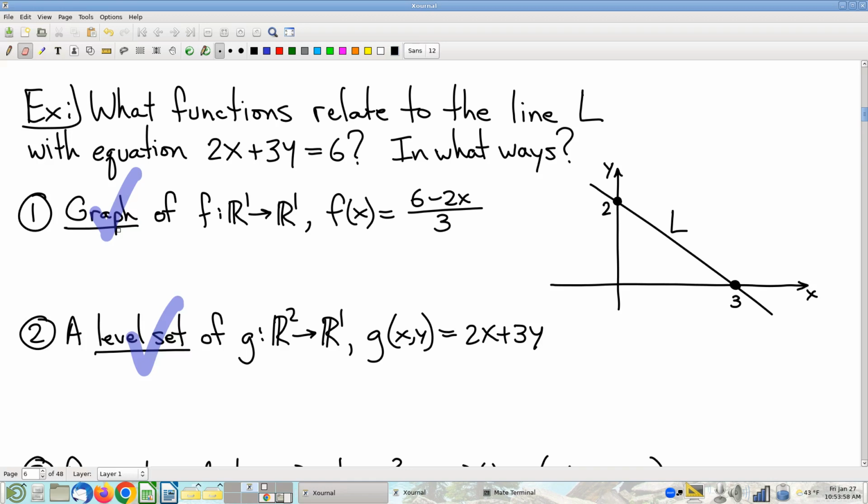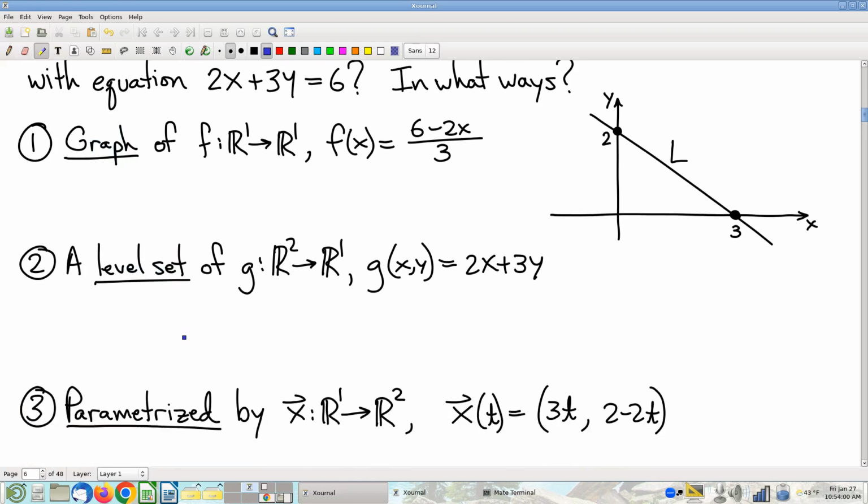Okay. All right, lastly, same line. I can represent it by this function. This is, in fact, just a parameterization of the line. You can see it right here: that point, (0, 2), and then plus t times this vector, which is (3, -2).